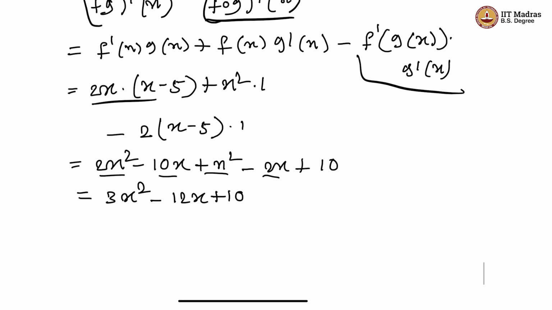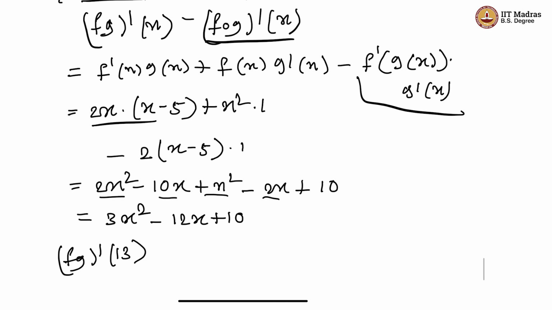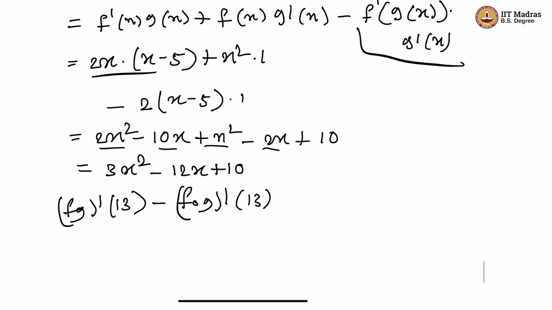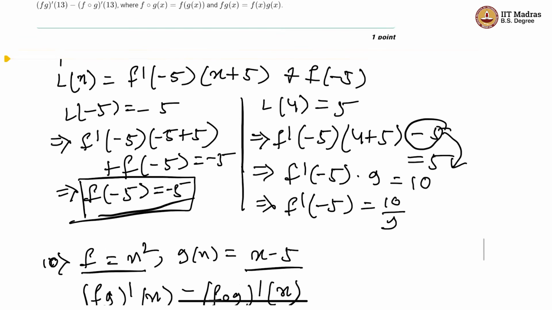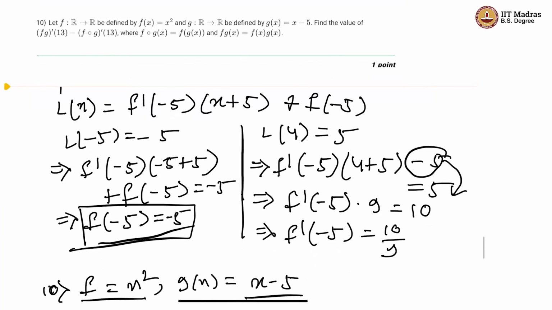Okay, so (fg) dash minus (f compose g) dash of 13 will be, just we will put 13 instead of x, so it will be 3 into 13 square minus 12 into 13 plus 10. Okay, now let's simplify, and the final value will be 361 probably. Okay, so in this way we can calculate this type of problem. Okay, thank you.